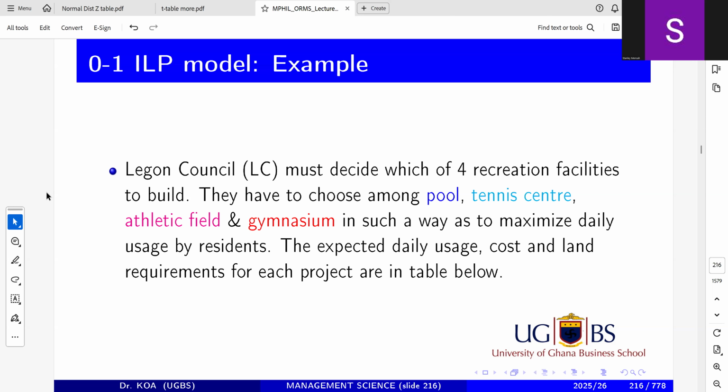When you get to table tennis, your goal is to decide whether or not to build table tennis. When you get to athletic field, you make a decision solely based on athletic field, not in conjunction with the others. And when you get to the gymnasium, you are making a statement about gymnasium alone, regarding whether or not to build it. So each of them will become binary in their nature.